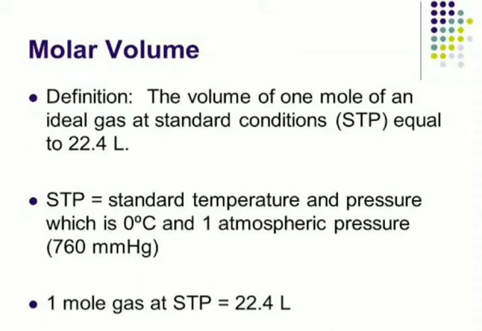So for any substance at 0 degree Celsius and 1 atmospheric pressure, that is at standard temperature and pressure, the volume occupied is 1 mole and it contains how much? That is 6.02 into 10 to the power 23 particles, that is, 6.02 into 10 to the power 23 atoms or molecules.